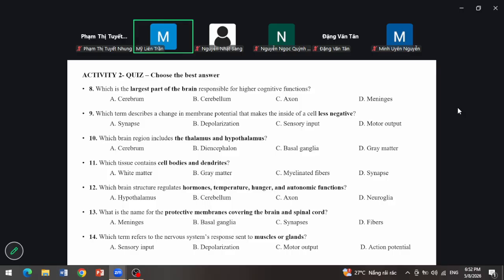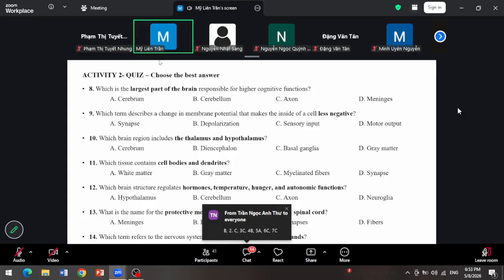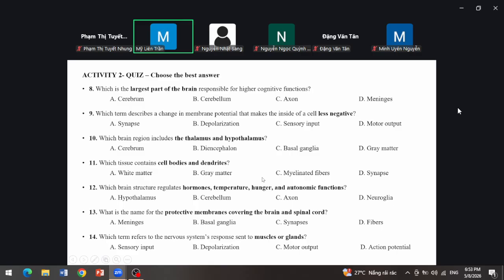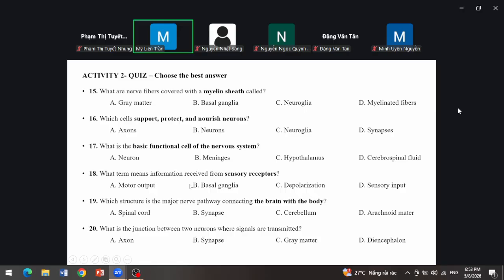From 8 to 14. From 15 to 20. Twenty sentences in total.